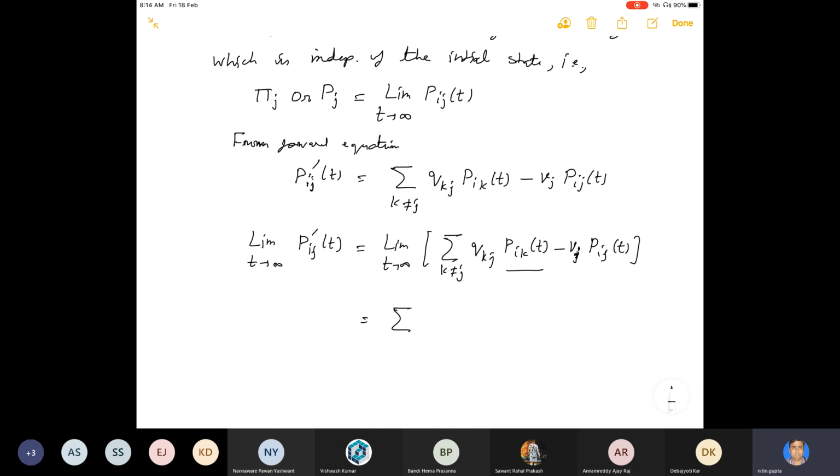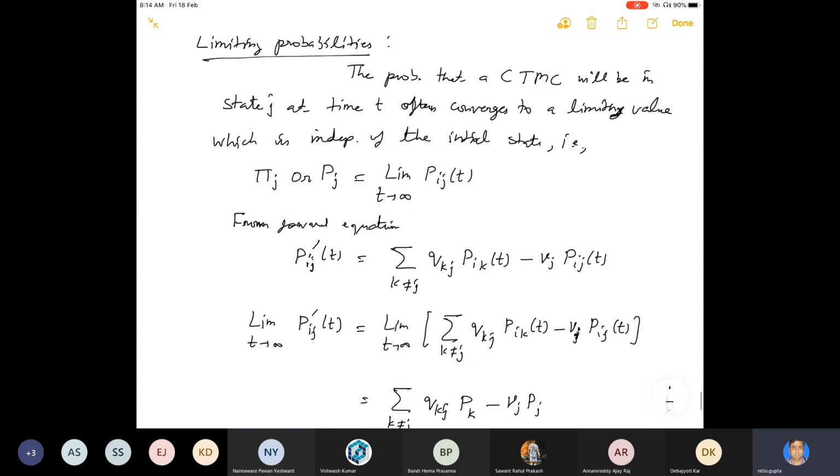So this will be the summation over k not equal to j of qkj Pk minus vj Pj. So this is the value we are getting in the limiting probabilities case.